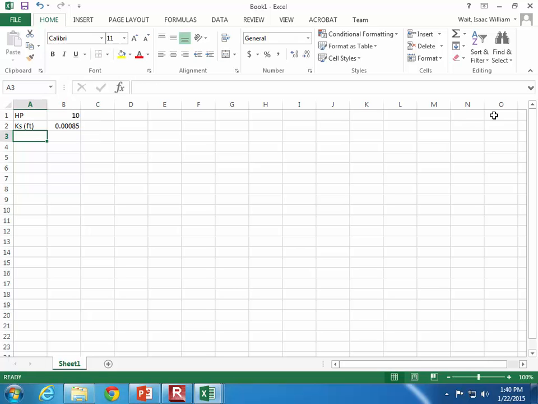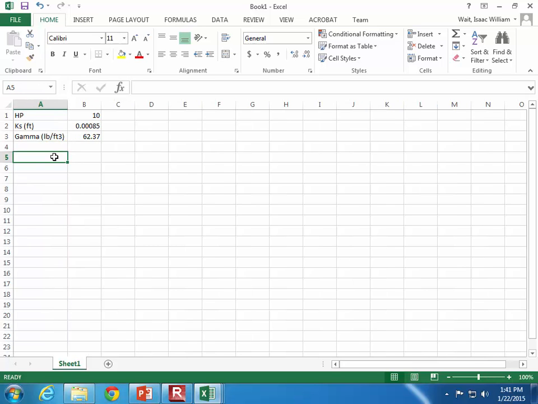And then the unit weight, gamma, in terms of pounds per cubic foot, is 62.37. Don't worry about getting the exponent and inserting the symbol. We don't have time for that. We're going to have to do the quick and dirty approach.